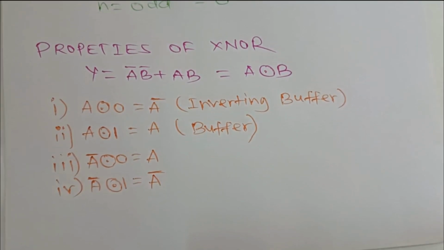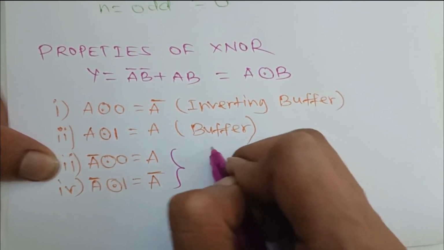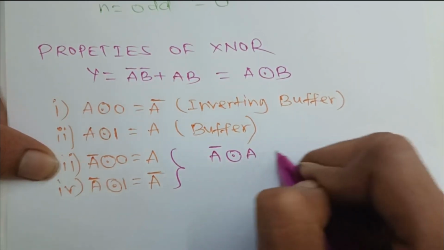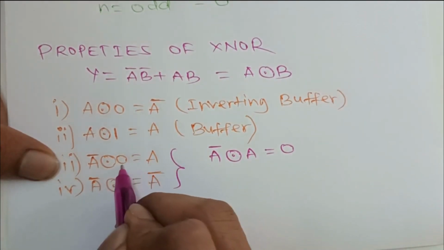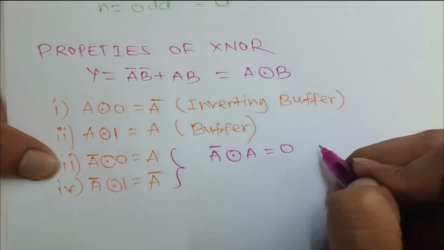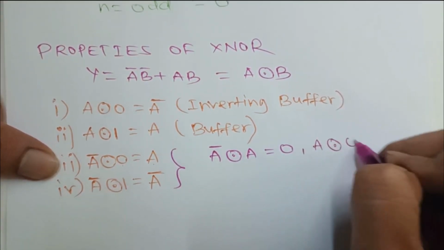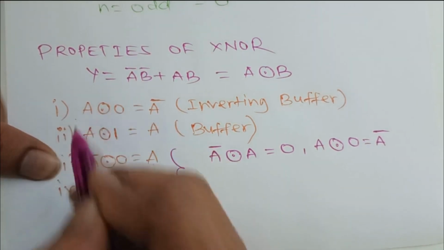From this we can say another one. If A bar XNOR A is there, it is going to give you the result 0. We can replace the position of 0 and A. Further, this can be written as A XNOR 0 is going to be A bar, as we have seen in the first property.